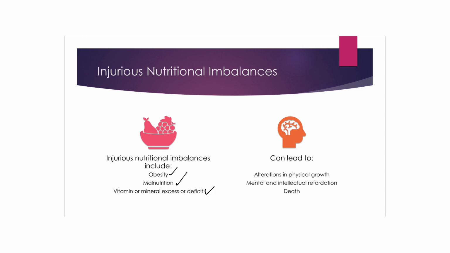Okay, and that damage can cause memory loss, ataxia, nystagmus, all kinds of bad things. And that's a vitamin B deficiency that can occur from alcoholism, malnutrition, just not having enough vitamin B in your diet. It could lead to alterations in physical growth, mental, intellectual retardation, and even death.